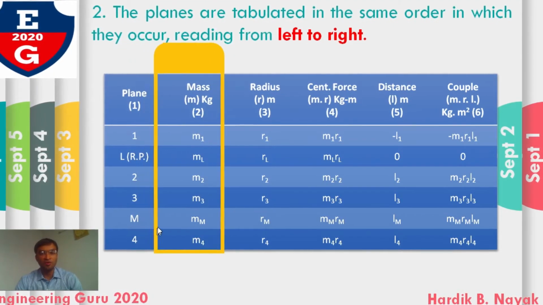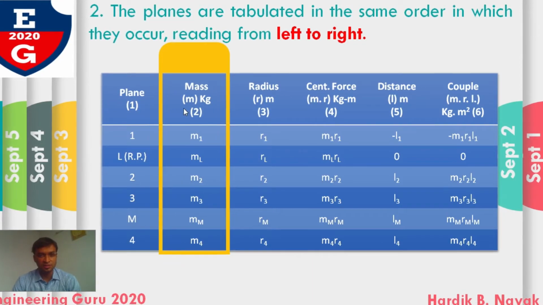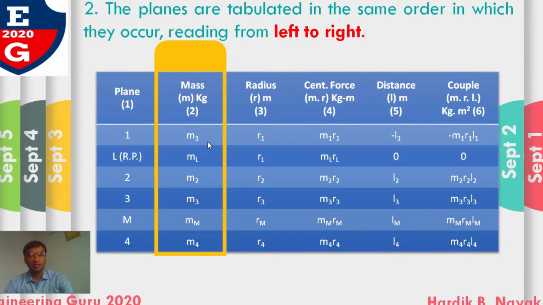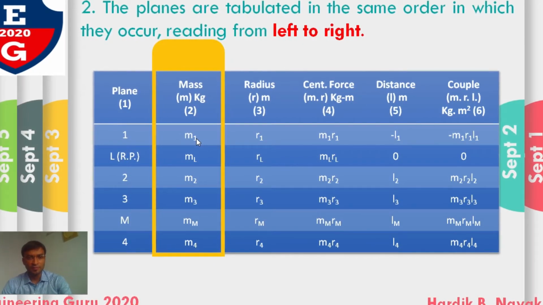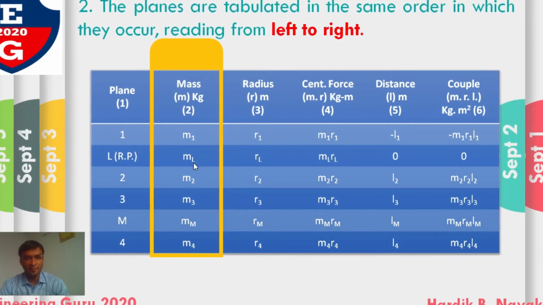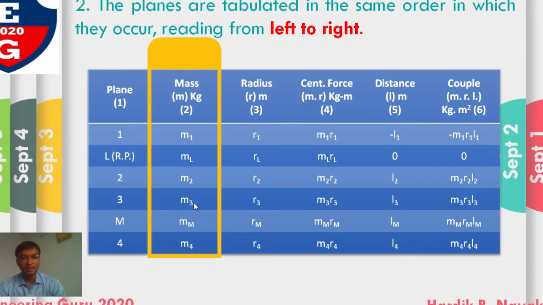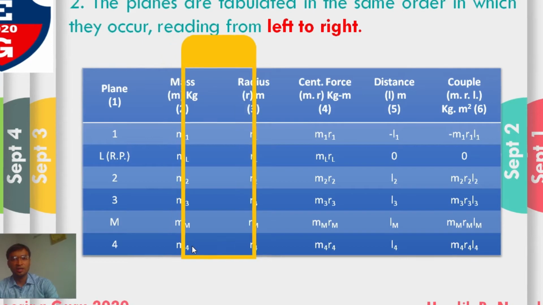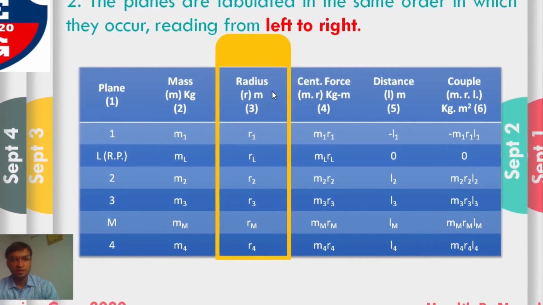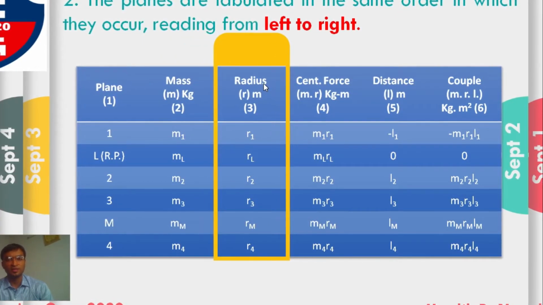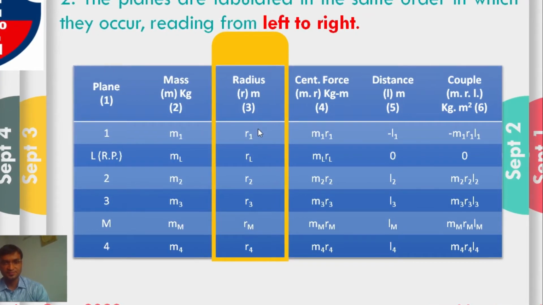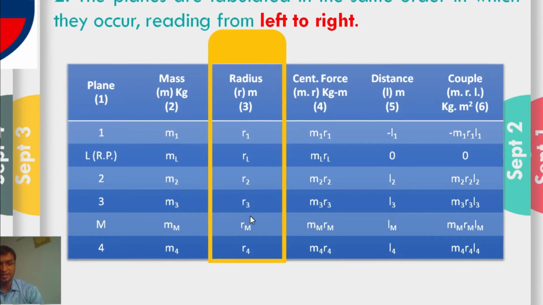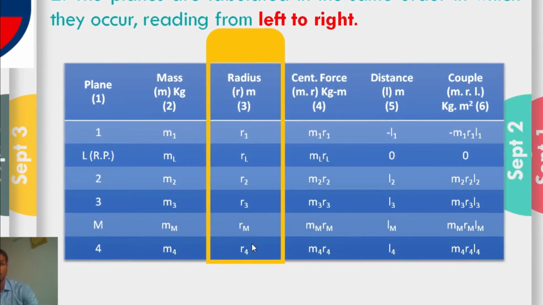The second column is for mass. This is called column number 2. In column number 2, masses M1, ML, M2, M3, MM and mass M4. The third column is for radius: R1, RL, R2, R3, RM, R4.